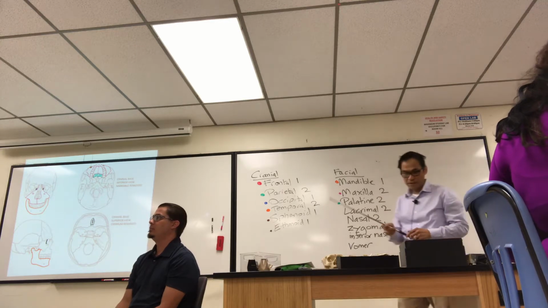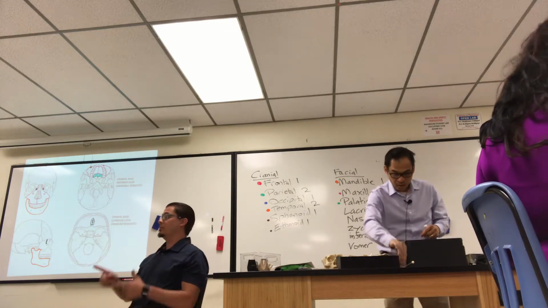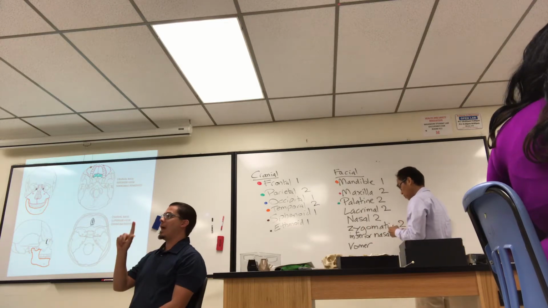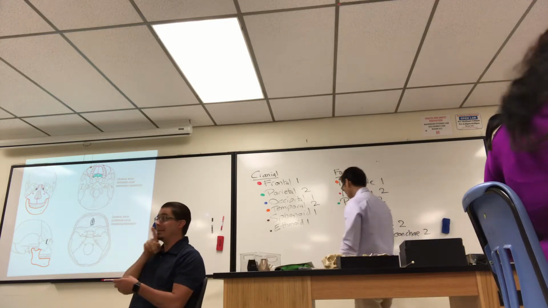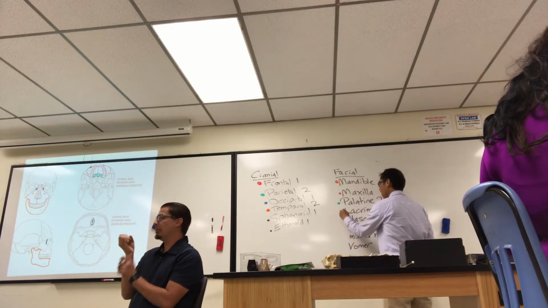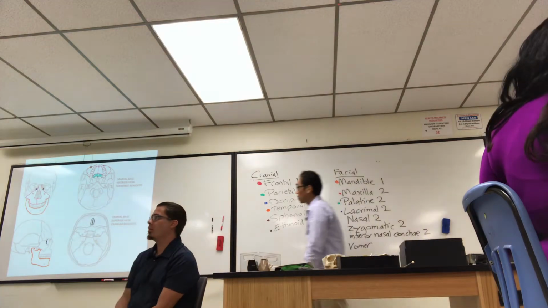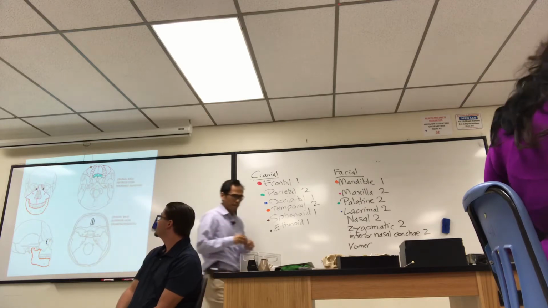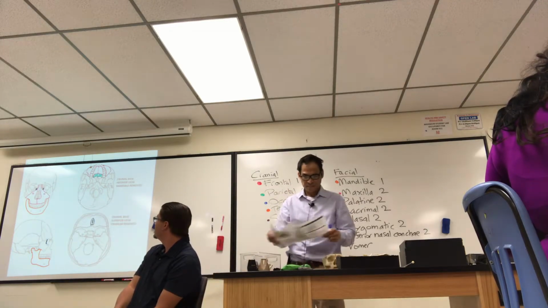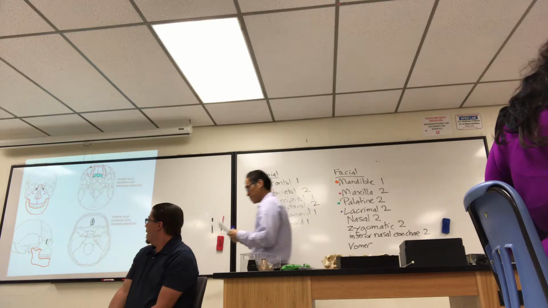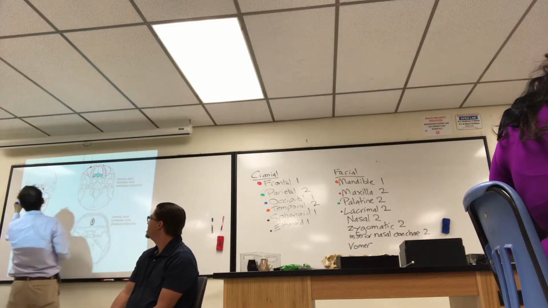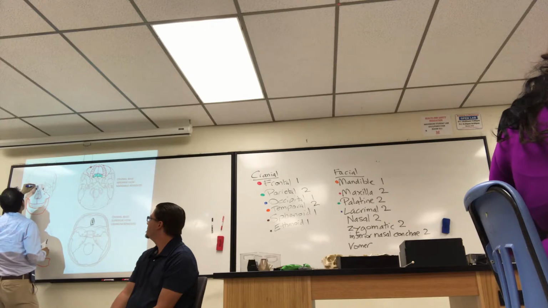Then you have your very small lacrimal bones, which have the distinction of being the smallest bone of the skull. I'll use blue. So look on the medial eye orbit. There's a little sliver right here that I made, and right here.